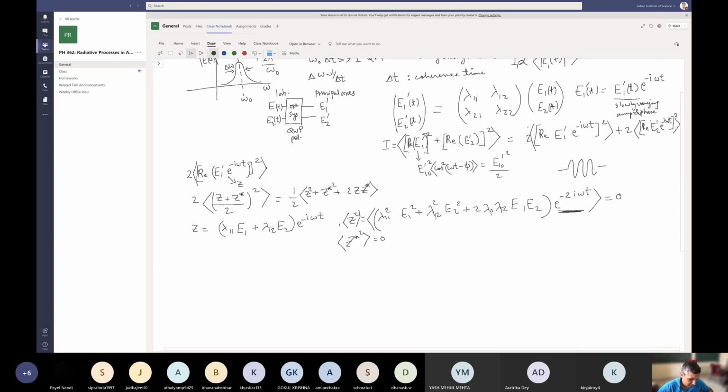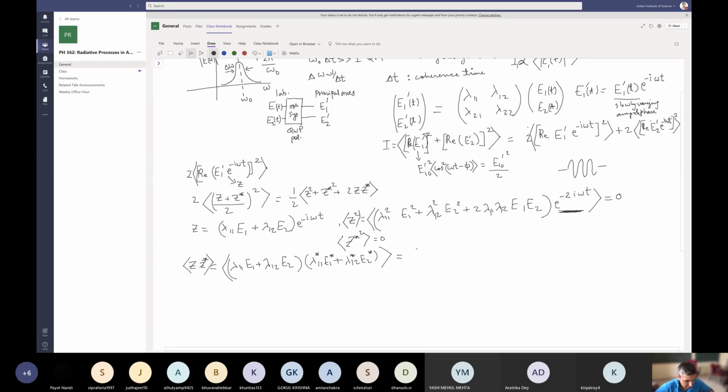So z star, what is z star? If you take a star of this, e to the minus i omega t and e to the plus i omega t will cancel. So this is lambda 11 e1 plus lambda 12 e2 times lambda 11 star e1 star and so on. It's just a little tedious maths. Here the time dependence has dropped out, so these terms will survive.